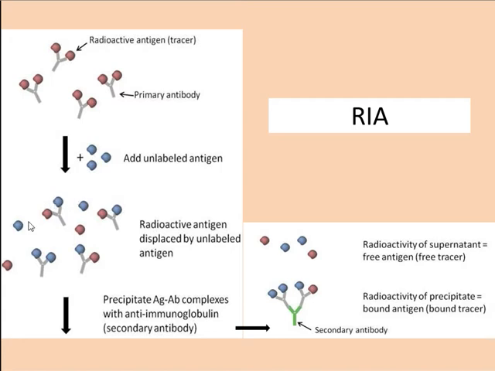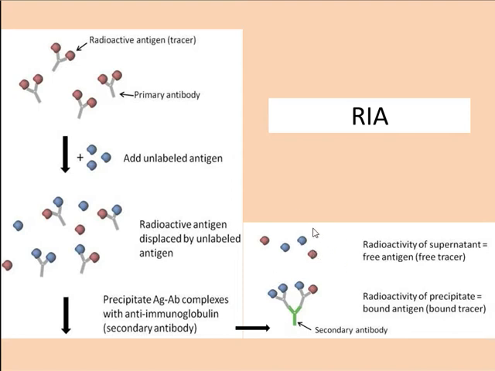The pellet will contain the antigen antibody complexes and the supernatant will contain the free antigens. You can measure the radioactivity of the pellet as well as the supernatant.